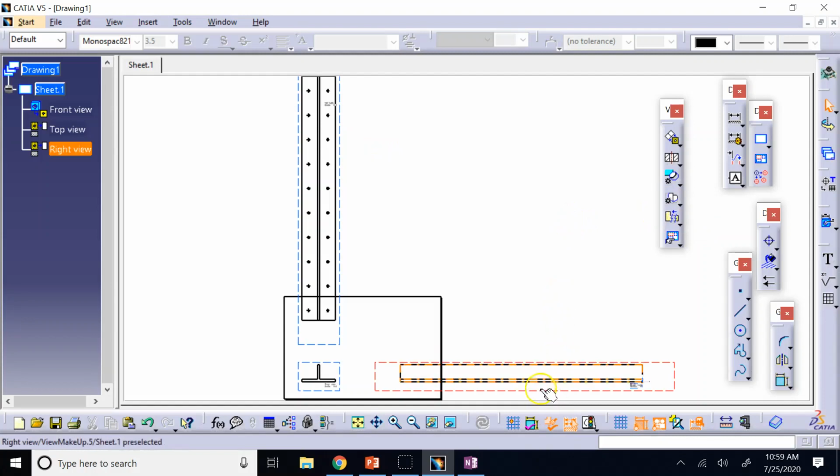So let's say I want to clip this, so I make it active, then I go to clipping view, and here it is asking me to draw a circle around it, or if it allows me to draw a polygon, I just need to find the tools palette, which is not here right now, but let me do something.